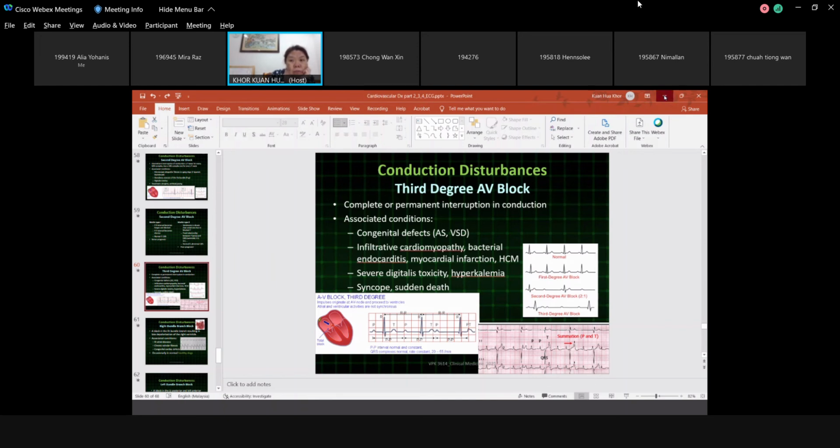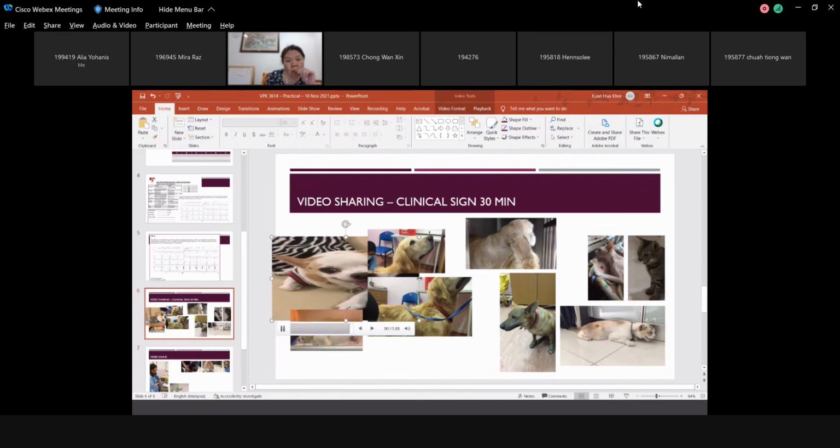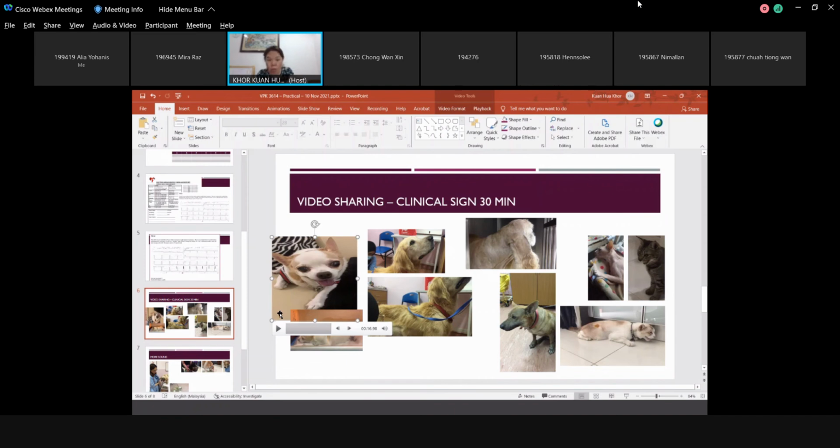Wait, what am I doing? Can you see the screen of all these different dots? Yes, doctor. You tell me whether you can hear sound. Can hear, doctor. So ugly, my picture. Okay, for the next half an hour, we are going to appreciate some sound.